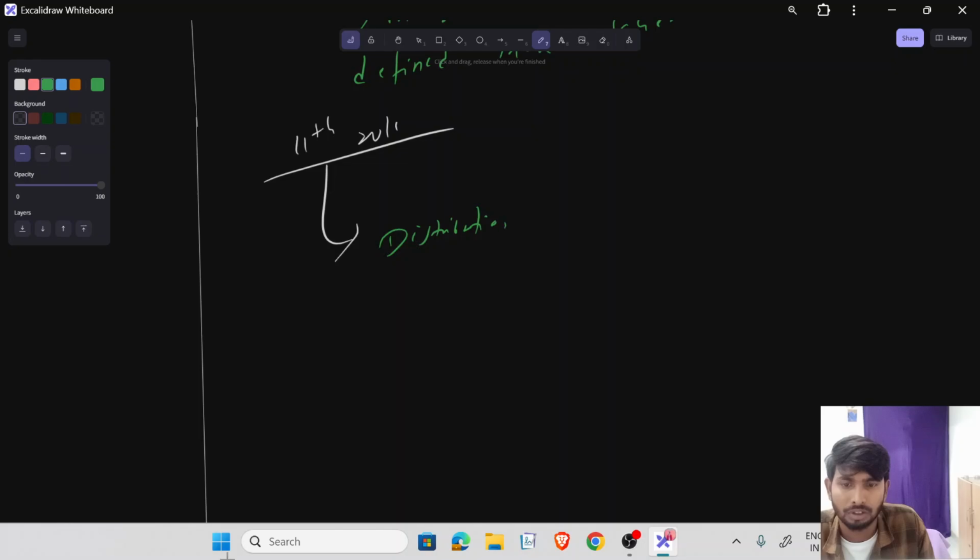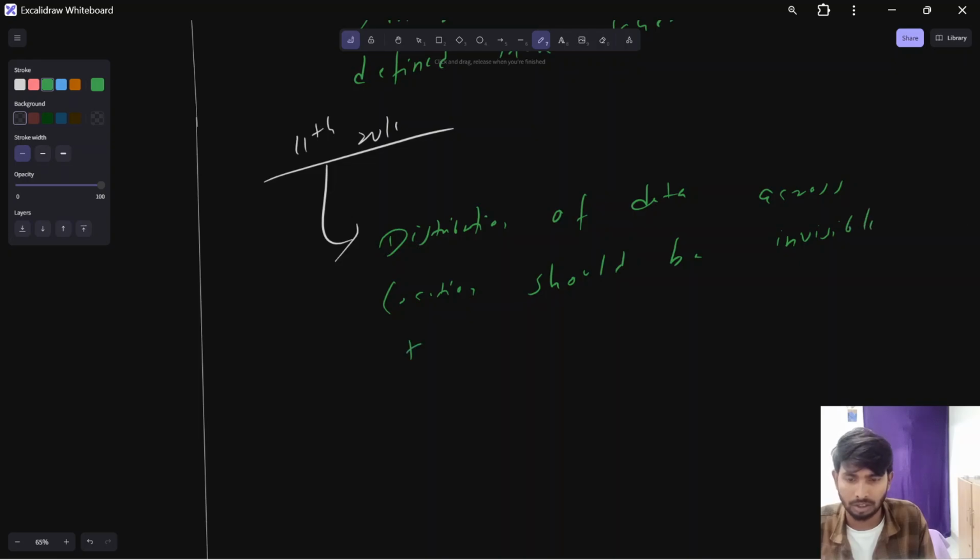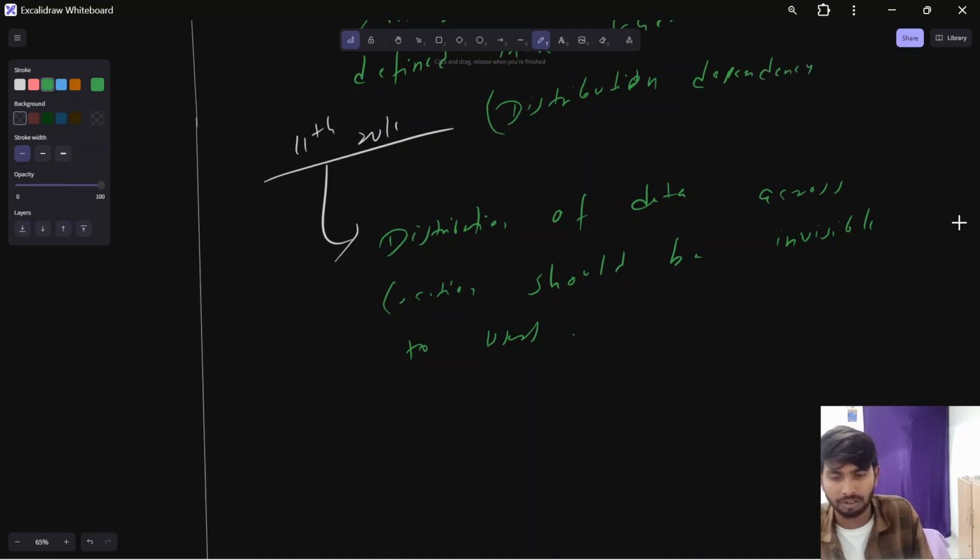Distribution of data across locations should be invisible to users. Sorry, this is the distribution dependency.